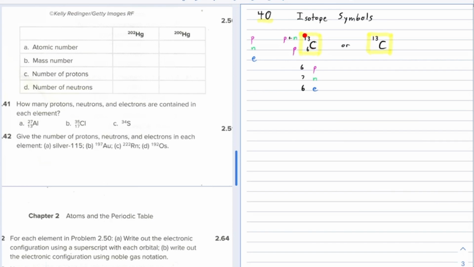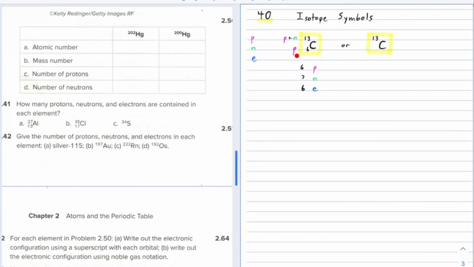But the mass number can be different. There are different isotopes of carbon, and that's because some carbon atoms have 6 neutrons, some of them have 7 neutrons, and so that leads to different carbon atoms having different mass numbers. So this is redundant down here, and we could just write it like that.